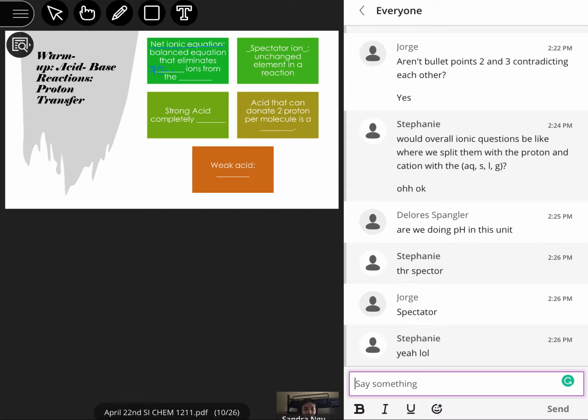And you knew that from the what? What are you crossing out from the original? Spectator ions from what? Does anyone know? We just talked about it actually. What do we cross it out from? Can anyone tell me what that is? You cross out and you have all these elements and you go to the other side, and let's say these two are the same, so you cross it out.